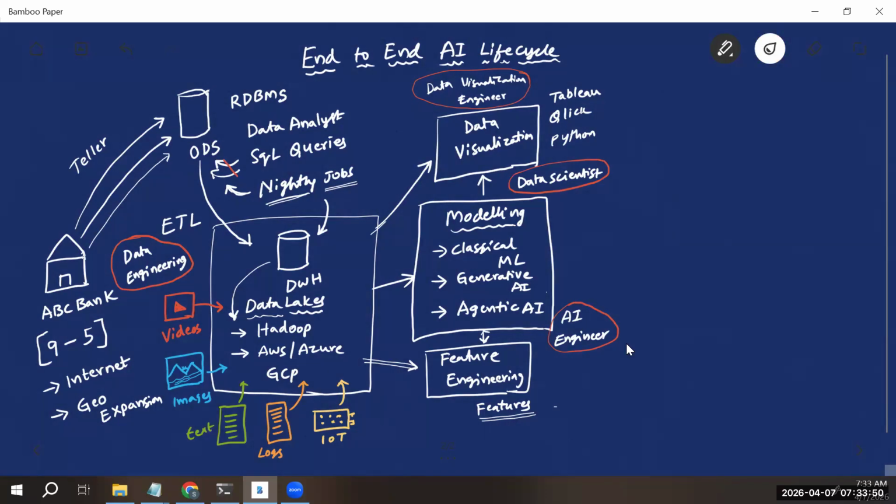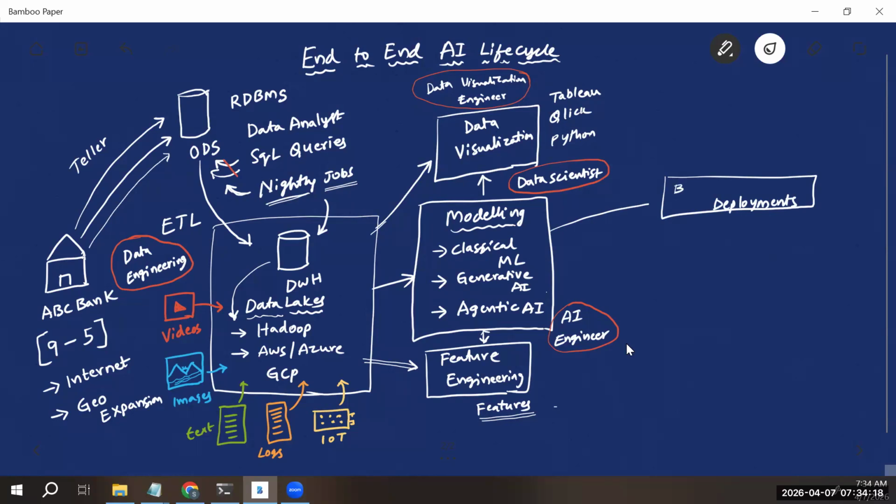But there is a very essential thing after this, which we call deployments. How do I deploy these models into production is a very essential piece. Deployments happen in two methodologies.